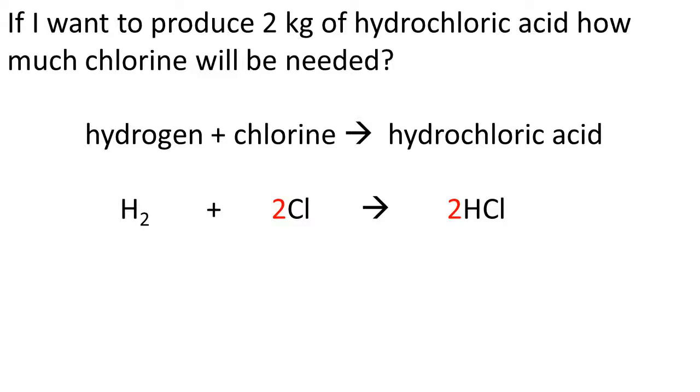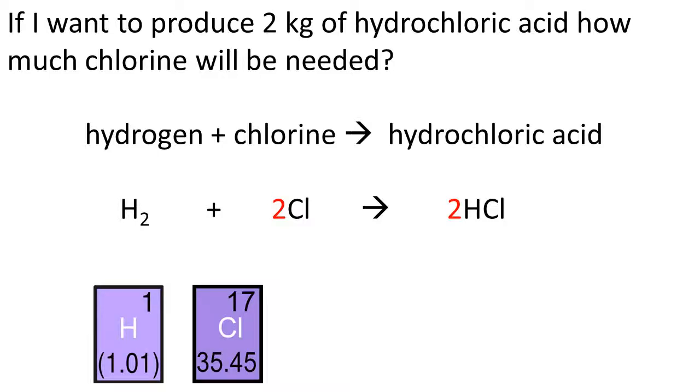Okay, next step, step 2, just like before. What's the relative formula mass of these things? Well, hydrogen has a mass of 1, chlorine has a mass of 35.45. There's our relative formula masses. I've rounded chlorine down to 35 there. The question will state whether you do that or not.